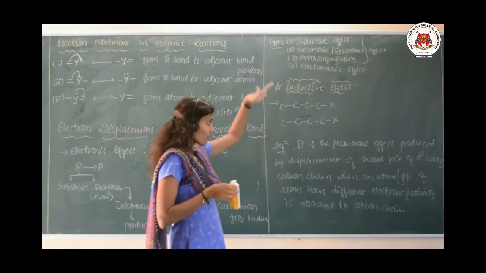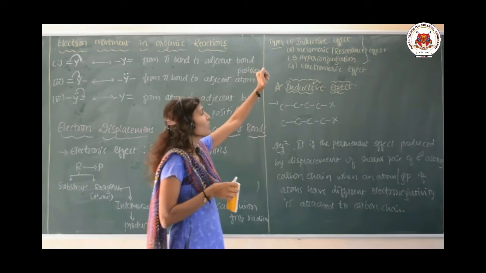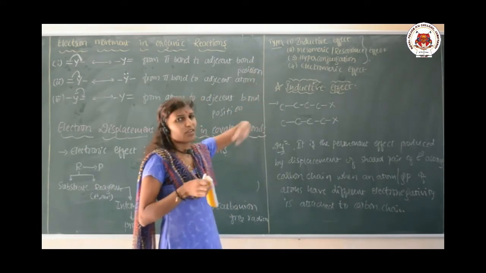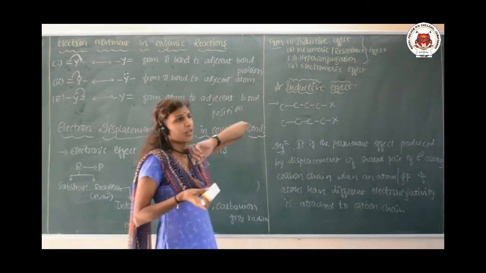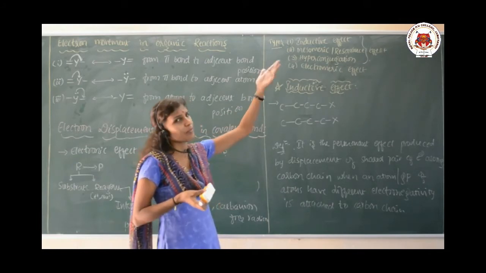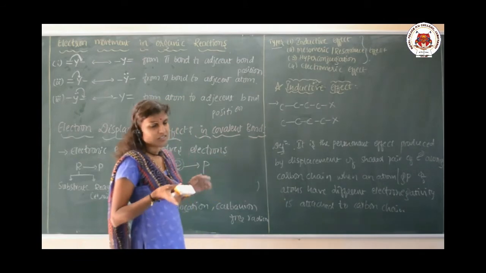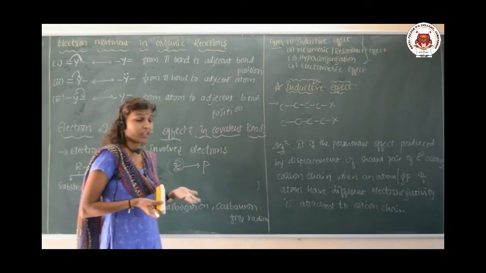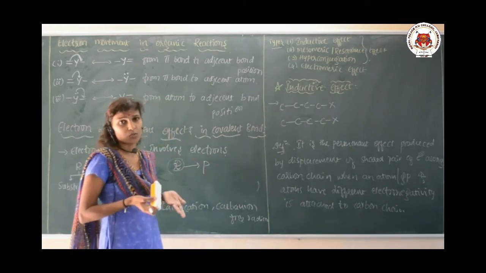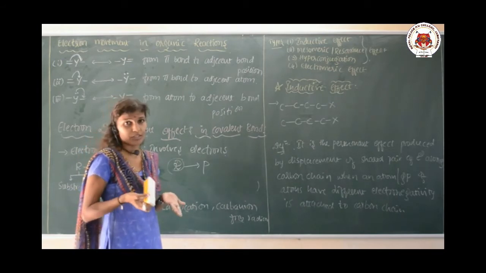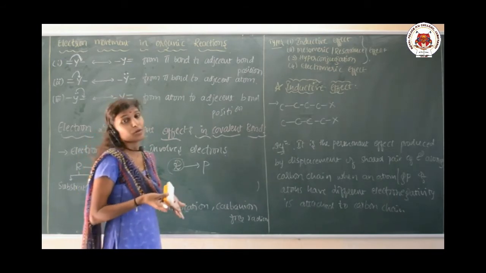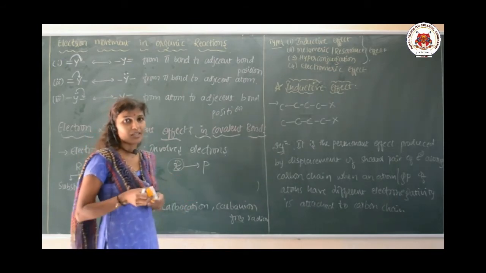Sometimes they will ask you the names of the electronic effects. Mainly they will ask you what you mean by inductive effect, mesomeric effect. In rare cases they will ask you directly to mention the electronic effects, and you can write inductive effect, mesomeric effect, hyperconjugation, or electromeric effect.